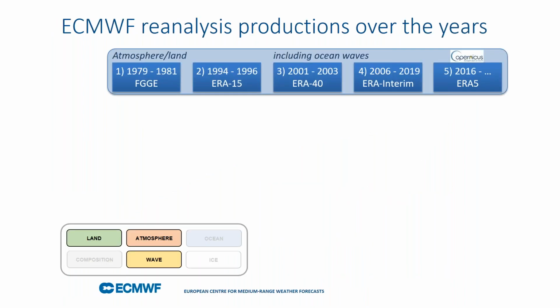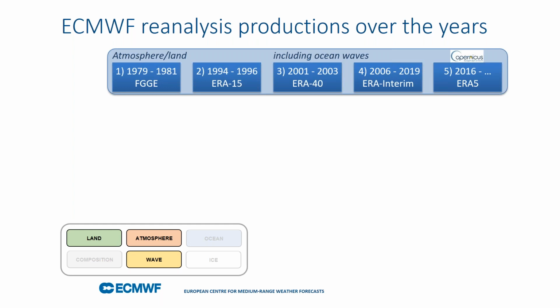Next slide. Yeah, and the next couple of clicks will give a quick history of reanalysis productions over the years at ECMWF. There are the atmospheric ones, which most of you know.